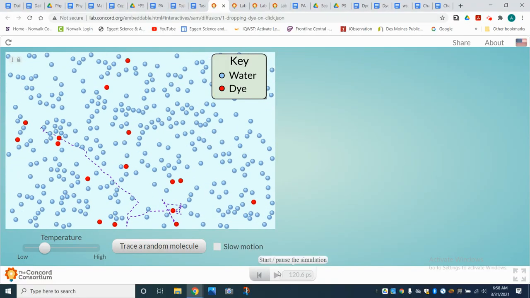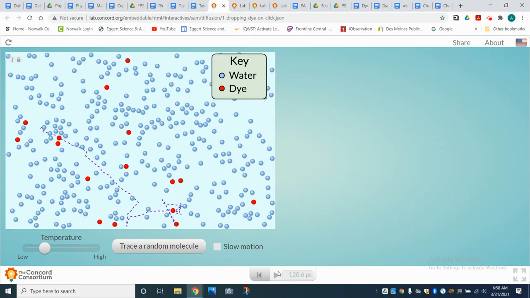You guys should make a note that the pathway is very random. Why do you suppose it's random and not in a straight line? Students should be thinking about how collisions are manipulating the path that the particle would normally want to take without any interruptions.